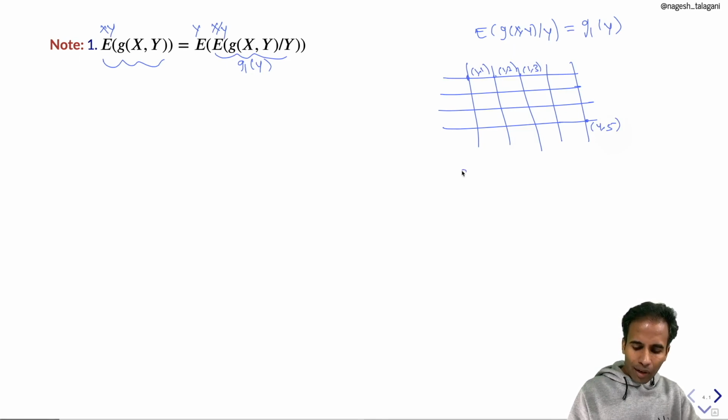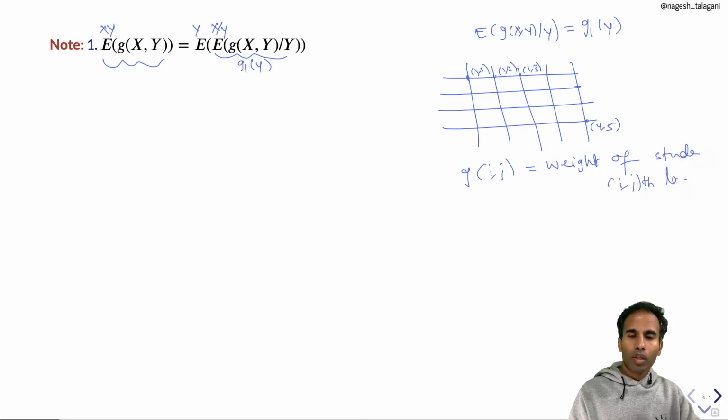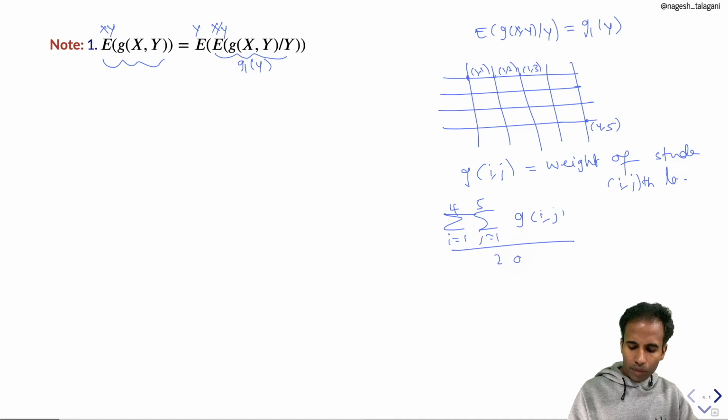Here I have a function g: for each location ij, it will take the value which is the weight of the student who is sitting in the ijth location. So if you want to get the average value of g, what you can do is you sum up all these weights, i from 1 to 4, j from 1 to 5, divided by 20. This is one way you can get the average weight of the class.